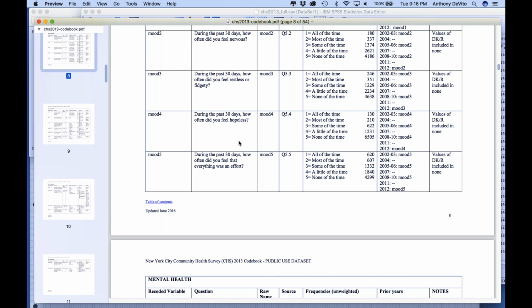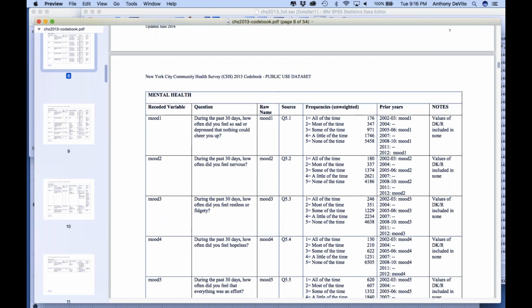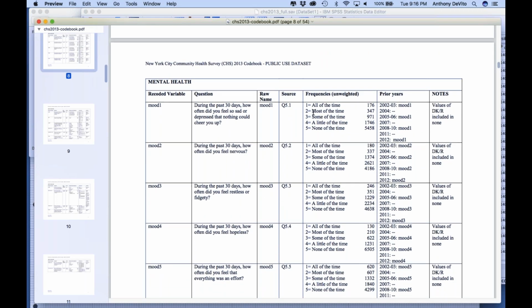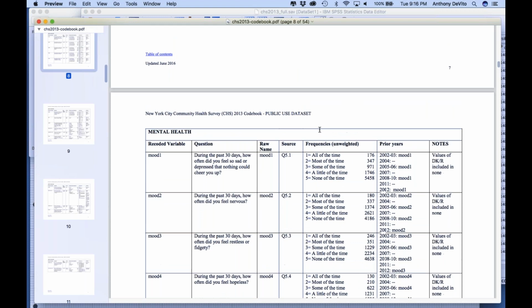And I have a categorical variable that has several values, not just two like yes or no for asthma. Instead, it has several, like depressed all the time, depressed most of the time, depressed some of the time, and so on, with numbers representing these different categories.